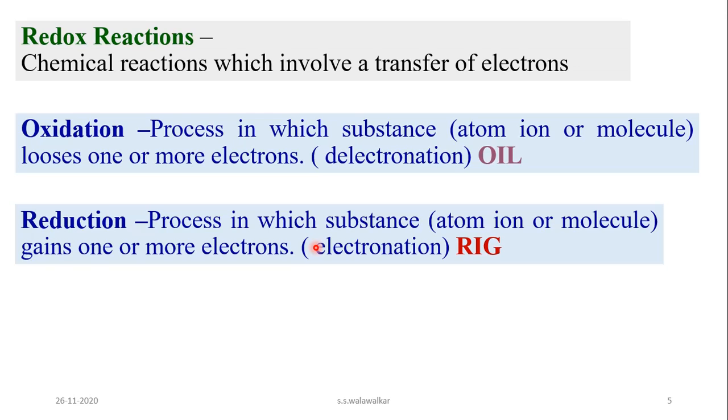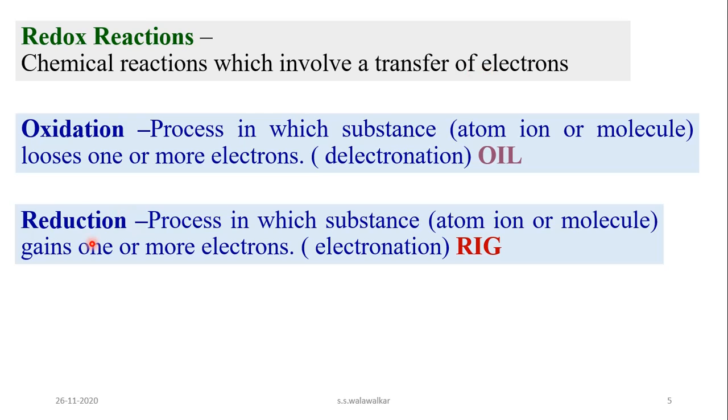As electrons are added, electrons are gained, it is called electronation. Whereas as electrons are lost by the substance, it is called a de-electronation process. And both these processes take place simultaneously. When one substance loses electrons, another substance accepts those electrons. And therefore, redox reaction is a chemical reaction which involves a transfer of electrons.